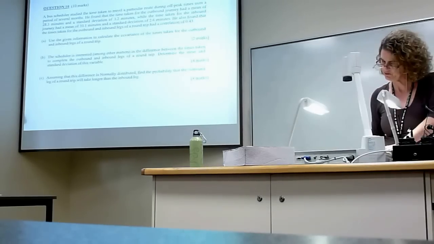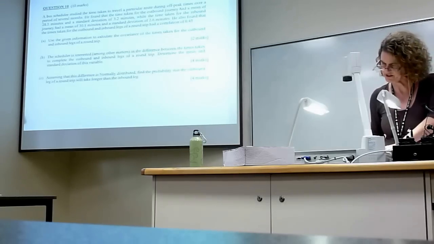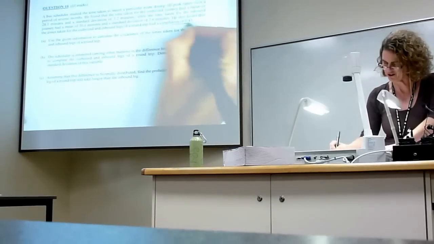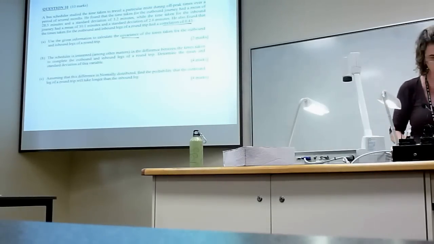Okay, question 10, we've got a bus, we've got an inward and outward journey, we've got means and standard deviations. Somewhere in here it says something about correlation, covariance. Okay, what section was it? Week 3.